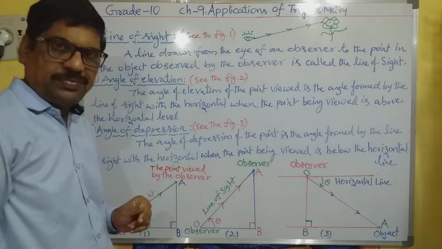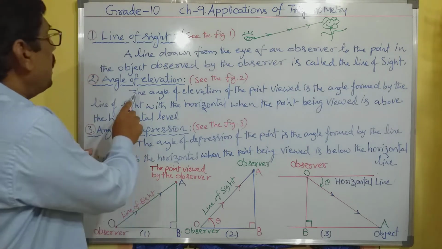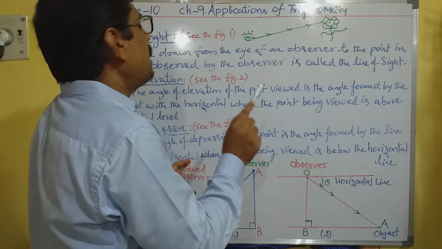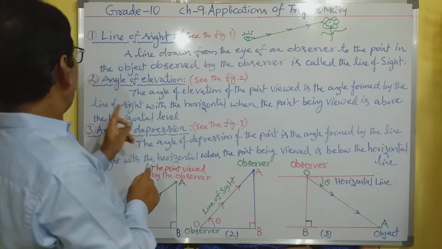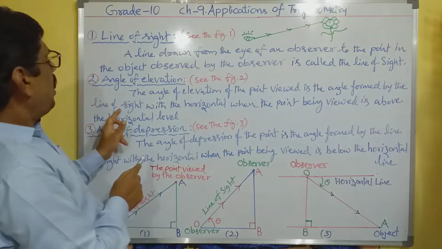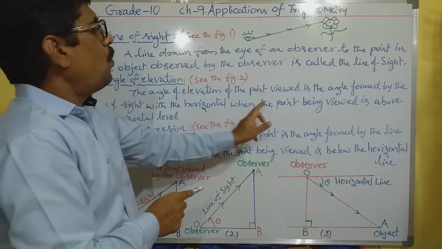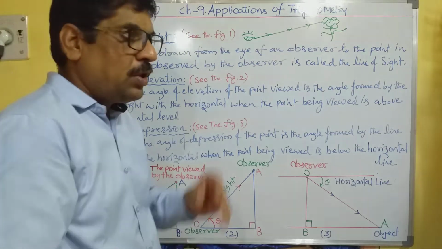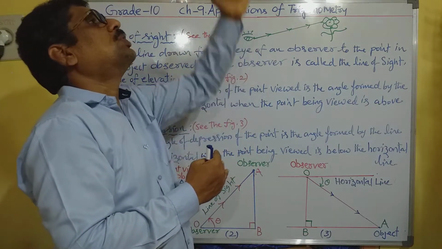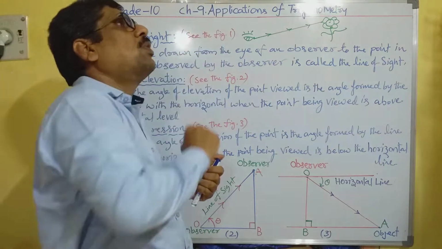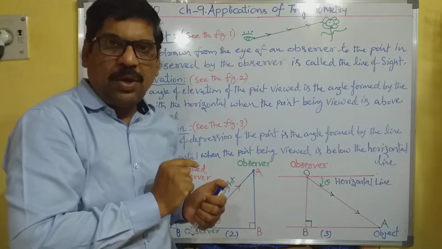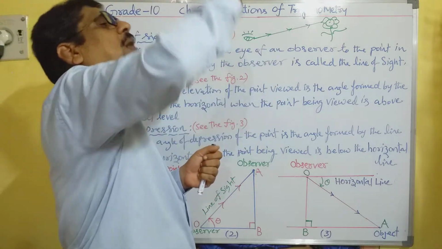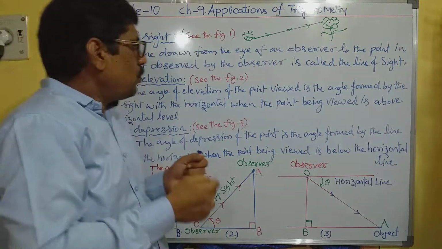Angle of elevation. The angle of elevation of the point viewed is the angle formed by the line of sight with the horizontal when the point being viewed is above the horizontal level. Means the object is above the horizontal level, and if you have to look upwards to see that object, then we have to raise our neck. That means the angle has been raised a little bit upwards.